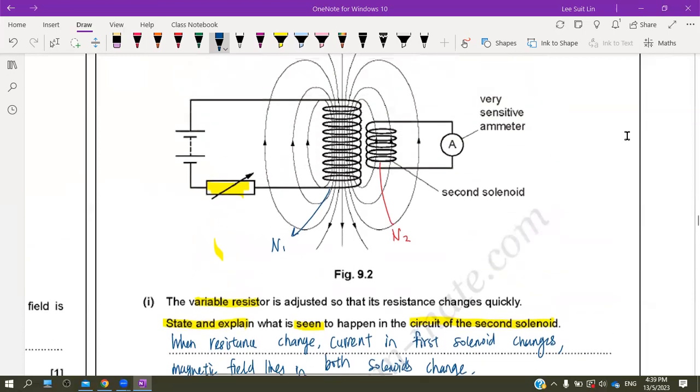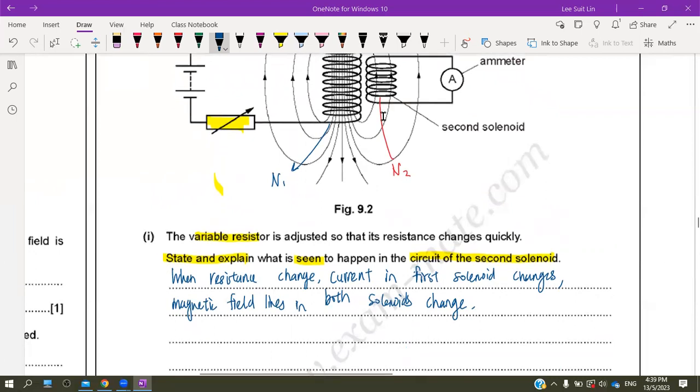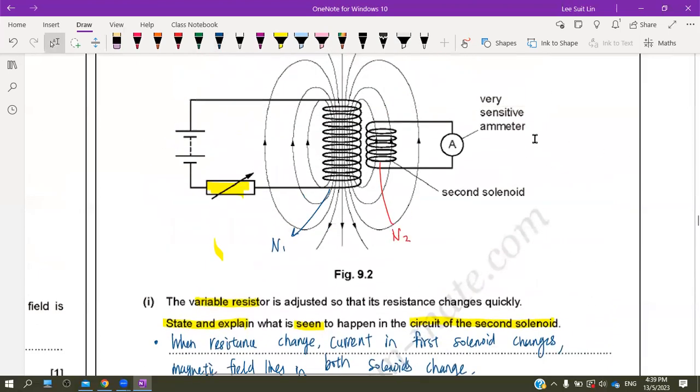So there's a magnetic field here, there's a magnetic field here. If I change this magnetic field, because the coil is inside the magnetic field of the first coil, if I change the magnetic field of the first coil, I will also change the magnetic field in the second.